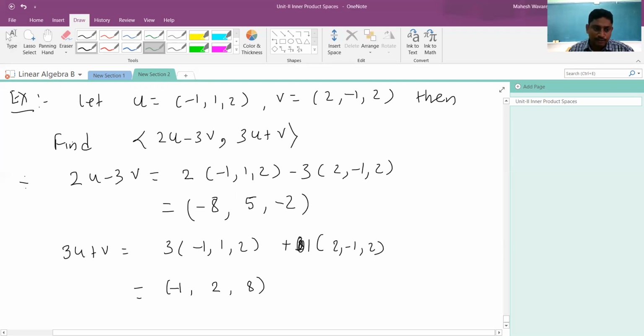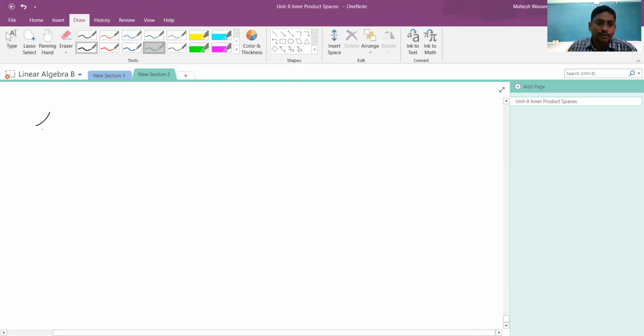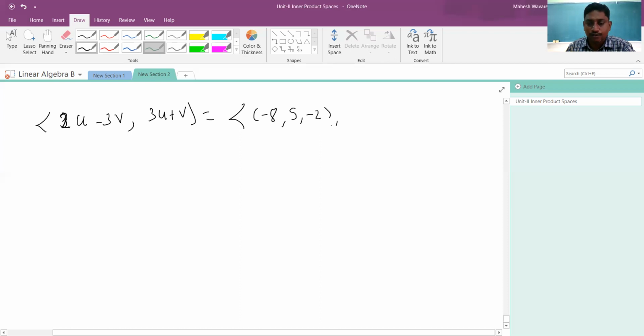Now you can easily calculate this. And this is with respect to the Euclidean inner product. Once Rn is mentioned and it is not specified which product, you should always apply the Euclidean inner product. One can also simplify the inner product and calculate it, but it will take time. 2U minus 3V that we have calculated is -8, 5, -2, and 3U plus V is -1, 2, 8.